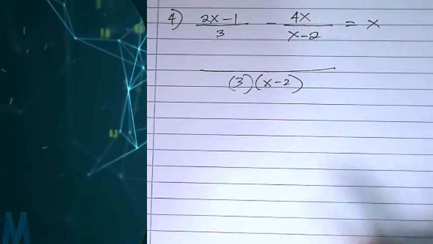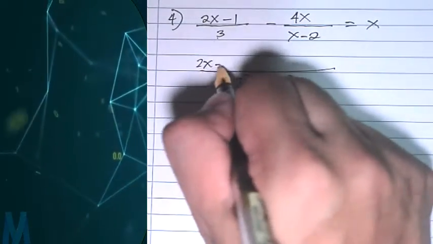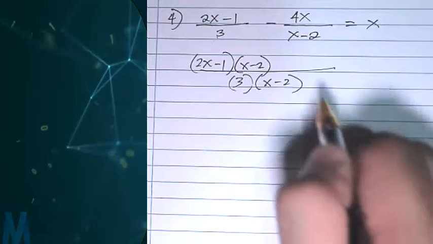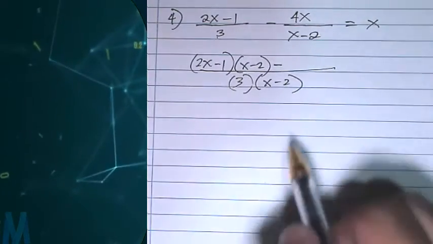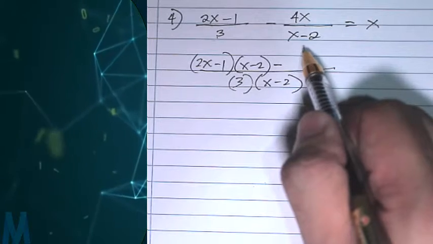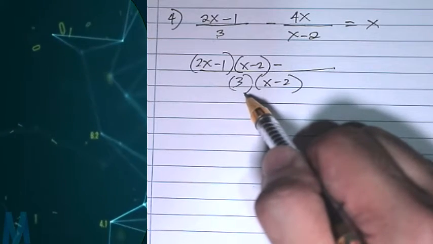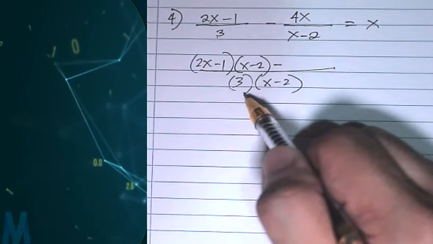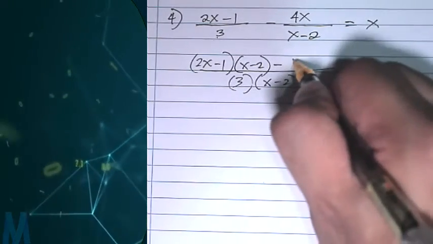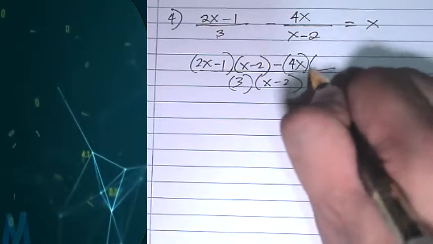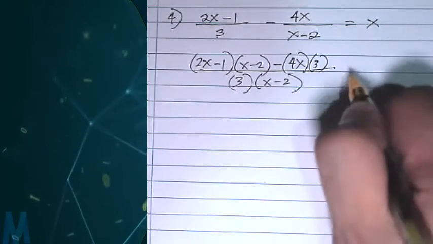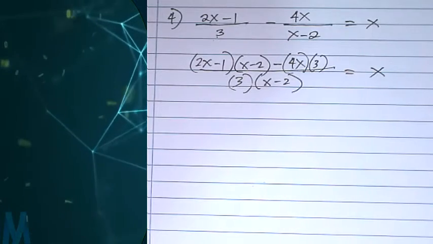Okay, so we have 2x minus 1 times x minus 2 minus, then we're going to divide this one with this one. So what remains is 3 times 4x. So you have 4x times 3 is equal to x.